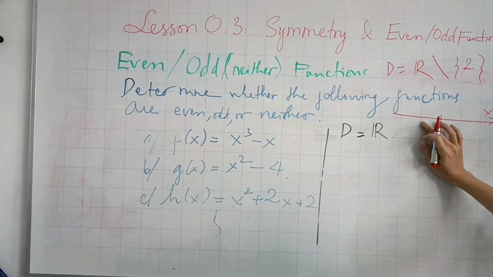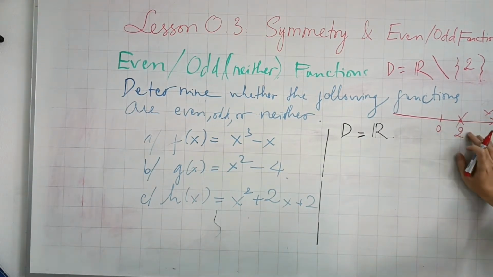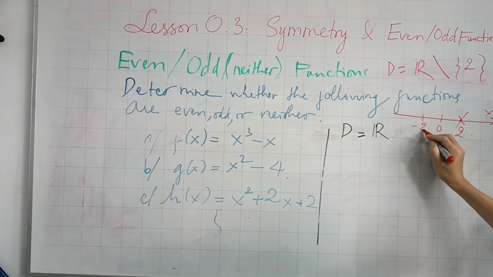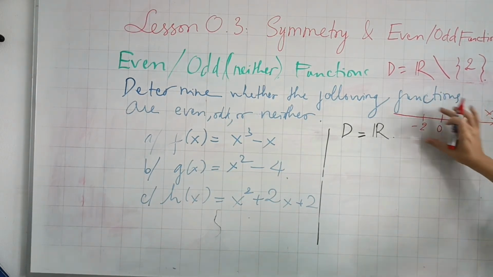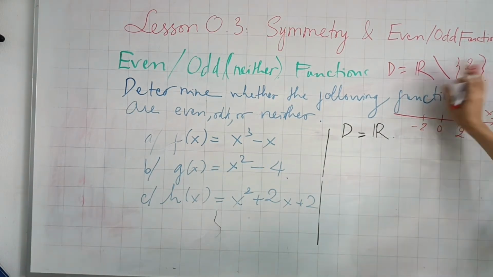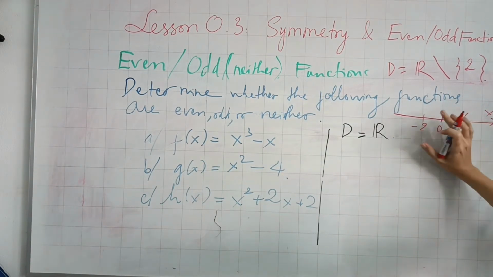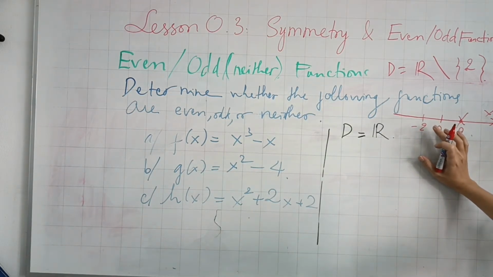This is the origin, and for number 2, we don't have the number x equal 2 in the domain, so negative 2 does not have its opposite number. So we can conclude that it is neither even nor odd.